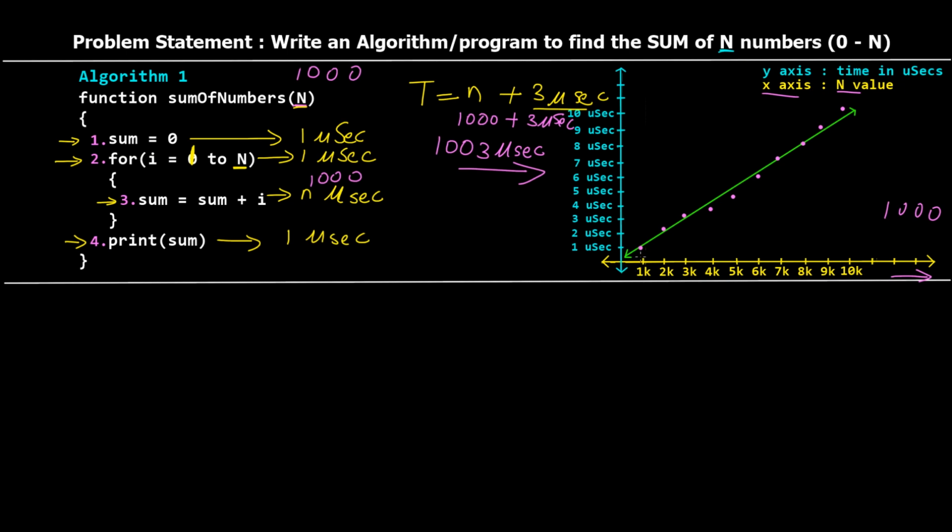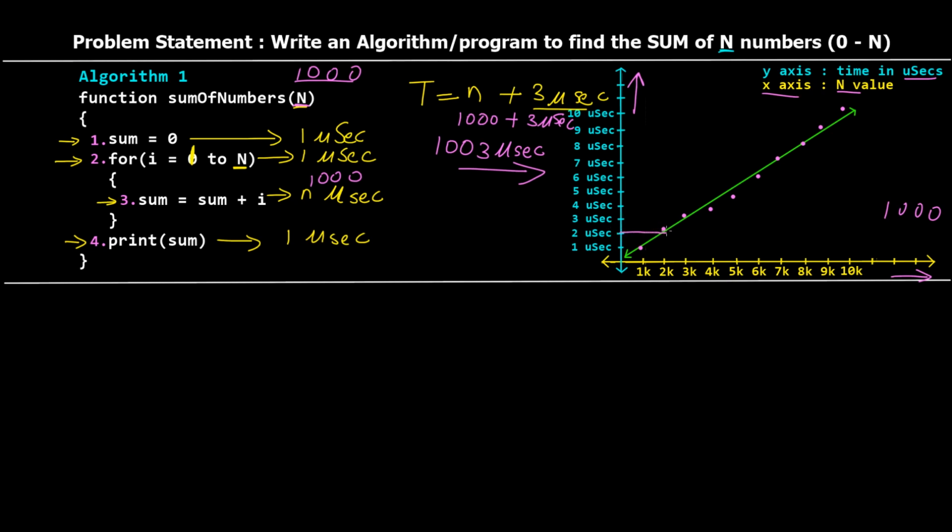So over here you can see that for 1k value of n, the y-axis is basically the time in microseconds. For 1k it is taking 1 microsecond. So we are assuming it is taking 1 microsecond when you enter 1000. When you enter 2000, as in the sum of 2000 numbers, it is approximately taking 2 microseconds.